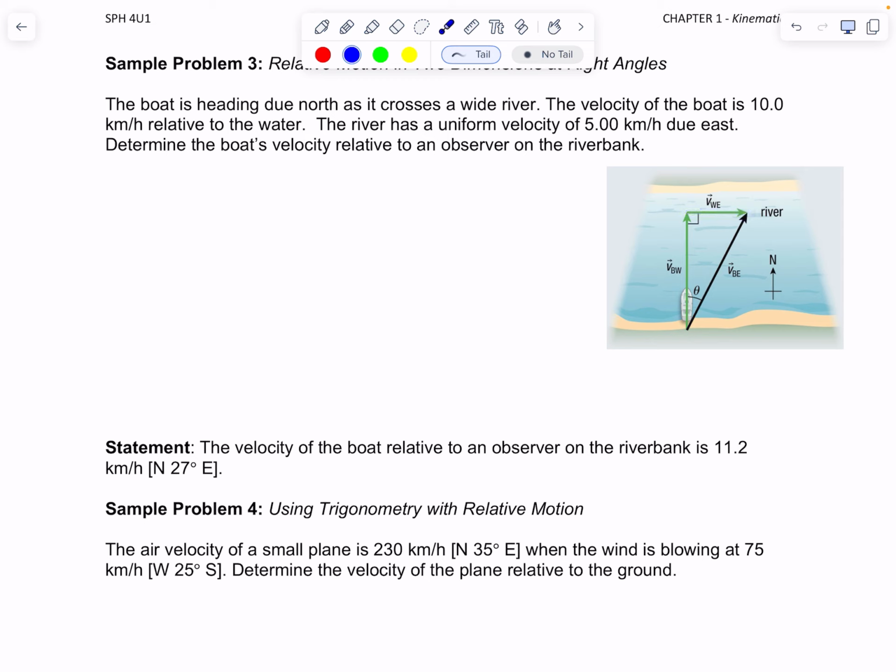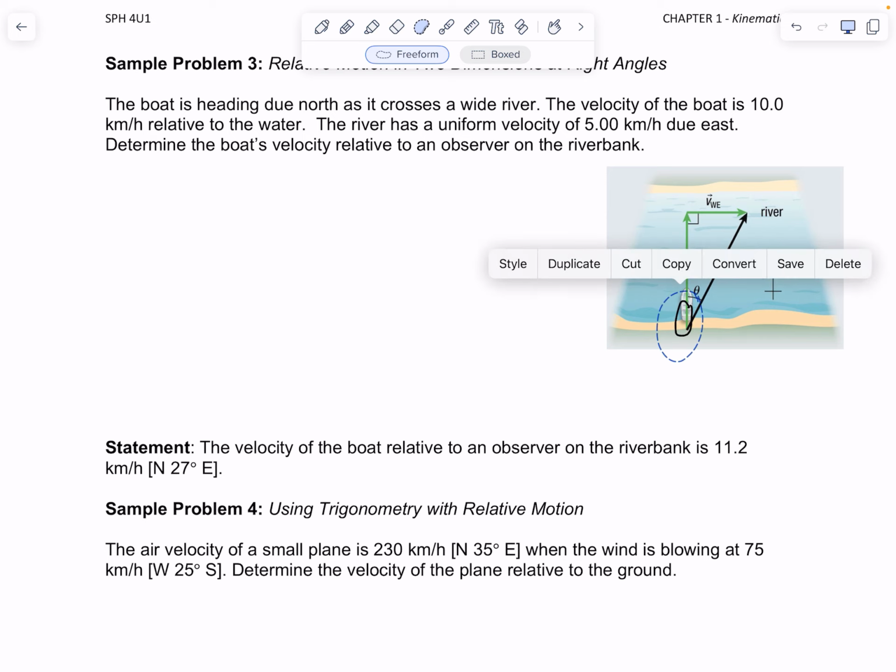As a result, as this boat tries to cross, as it's moving forward, the current is going to push it east. And it will have a resultant velocity. And the resultant velocity can be found by adding the velocity of the boat relative to the water and the velocity of the water relative to the earth.